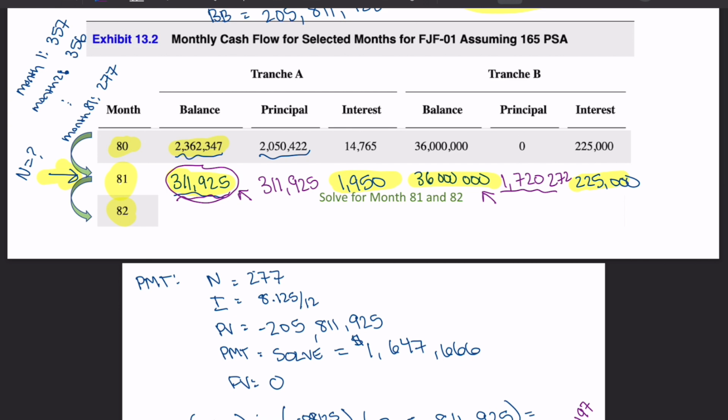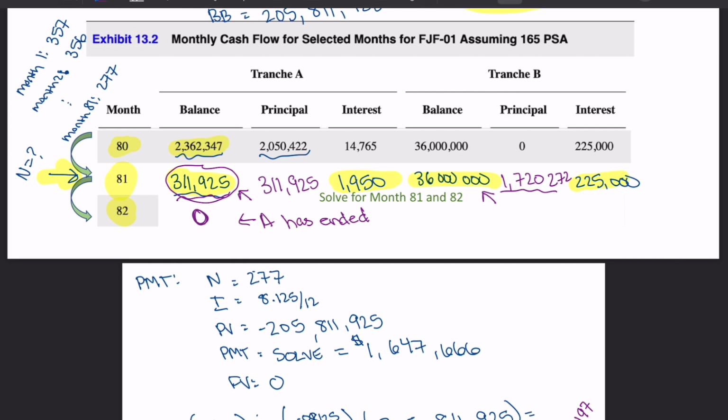In the next row, Tranche A now has a balance of $0. So A, at row 82, has ended. A does not get any more principal and it does not get any more interest. B, on the other hand, we're just starting to pay down.